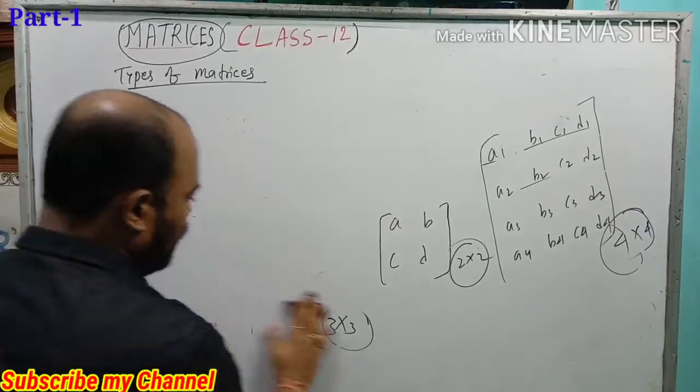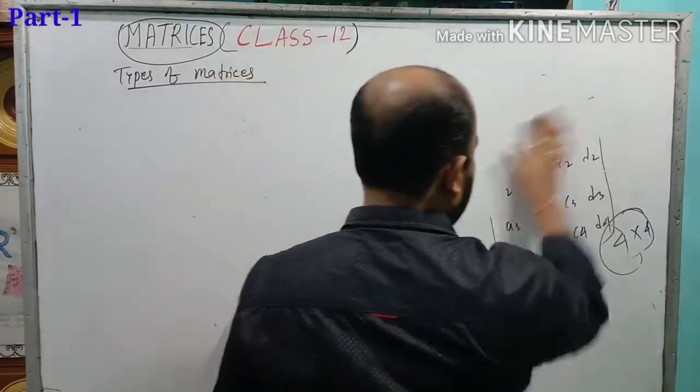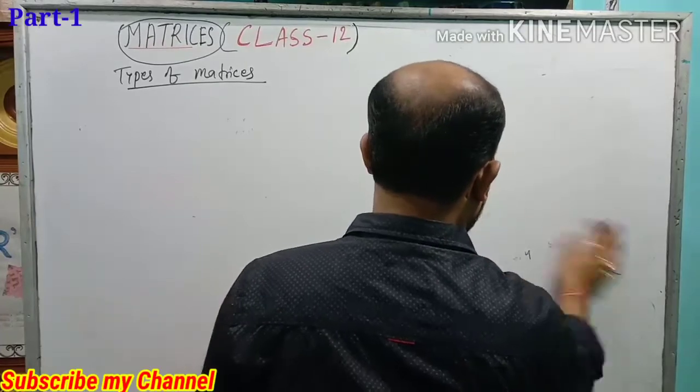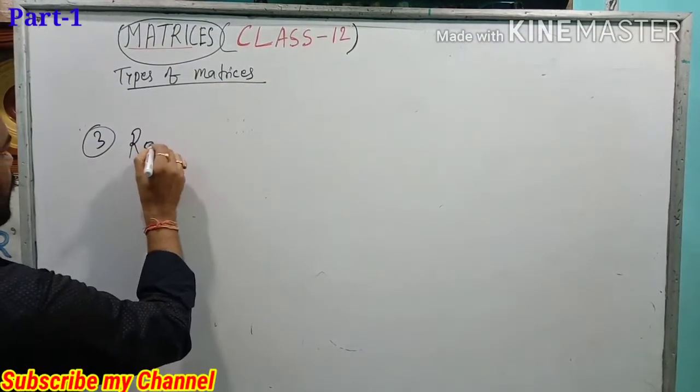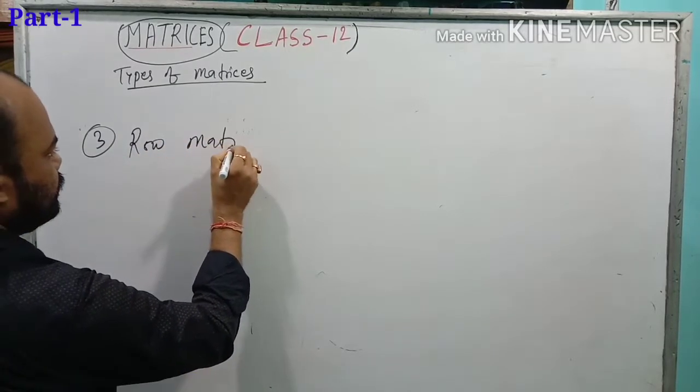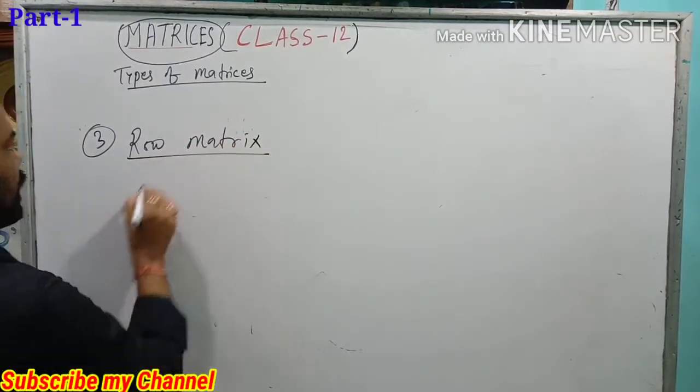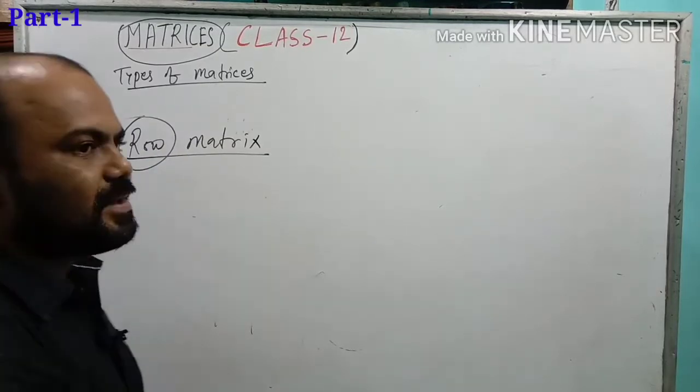a simple row matrix and a column matrix. The third one is a row matrix. See, the name of the matrix is row matrix.